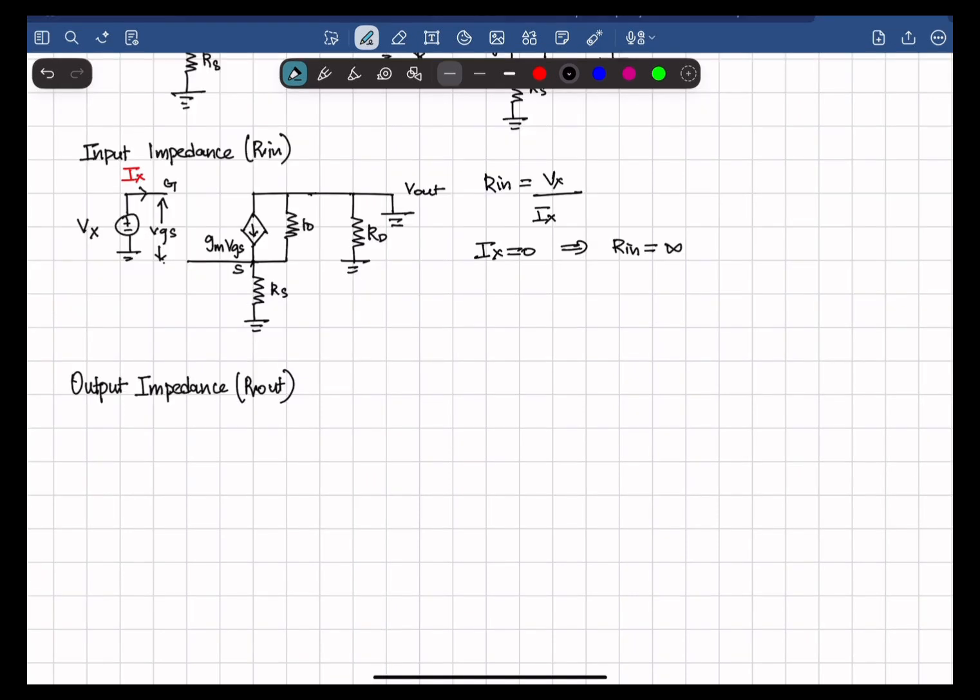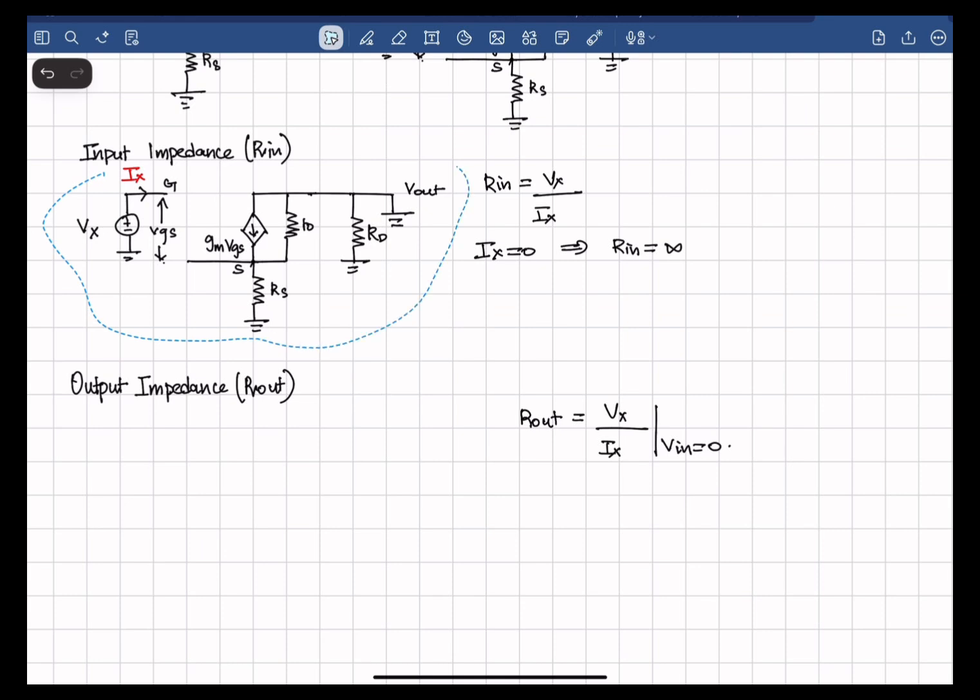Output impedance Rout is given as a test voltage divided by a test current injected at the output, and the Vin is set to ground. So let me make a copy of this.